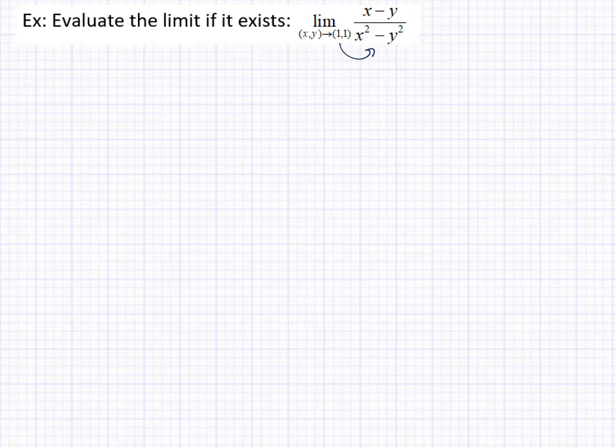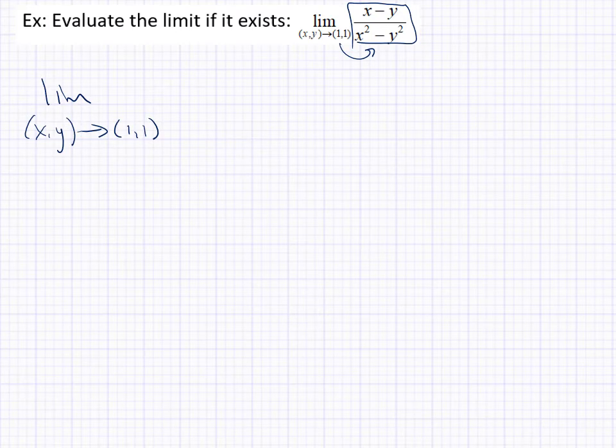So what am I going to do? Well, think about some of the tricks you learned along the way in Calc 1. One thing you did lots of times in Calc 1 is you took a function, you used factoring to help rewrite the function as another function that would then help you evaluate the limit. And we're going to do the same thing here. So if I have the limit as (x,y) approaches (1, 1), I'm not going to try and prove that this limit doesn't exist.